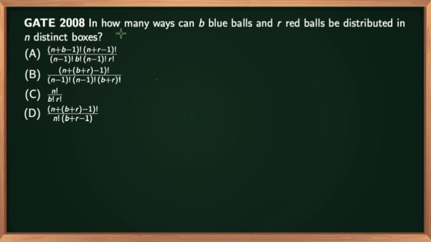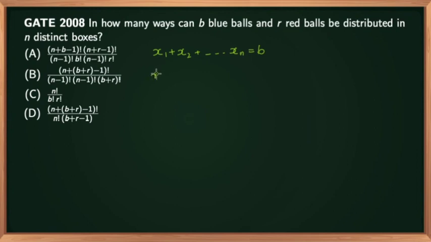In how many ways can B blue balls and R red balls be distributed in n distinct boxes? So I can write the equation h1 plus h2 plus etc. up to hn equal to B first. That is, when I am considering distributing B blue balls into n distinct boxes.